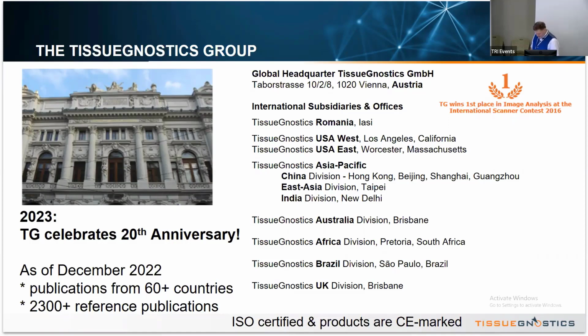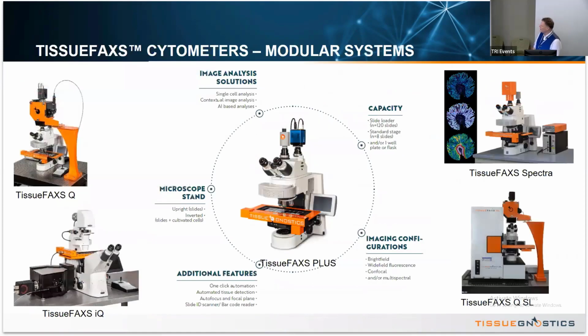As many of you may have heard, we currently have a demo system here at TRI, level 4, in Mark Scott's microscopy core facility. It is called the TissueFAC Spectra, a scanning system for multispectral imaging. I will not talk too much about the product, actually only about the applications that have been done.